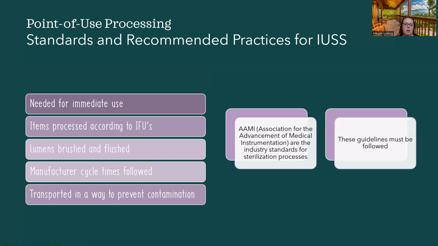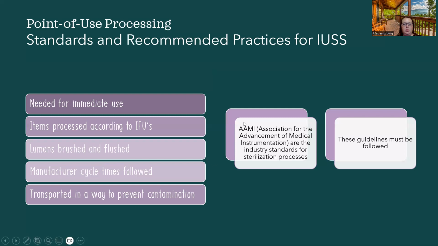Usually they're posted right there next to your machine, at least in our department they were. And then transport in a way to prevent contamination. So if you dropped that dirty hemostat in the middle of the case but you need it back, you have to transport it to that machine in a way that isn't going to contaminate everything else as you're walking through the facility. You would have to contain it.